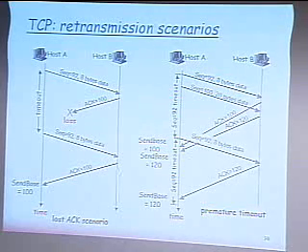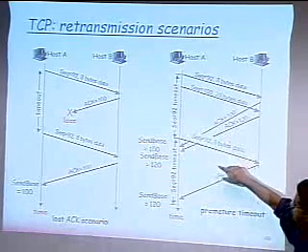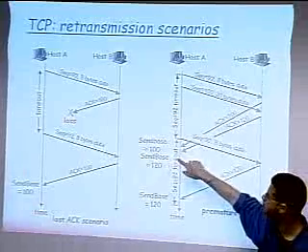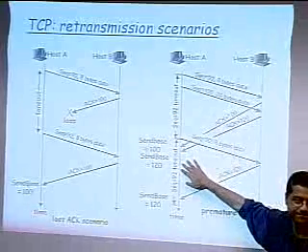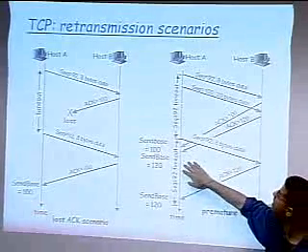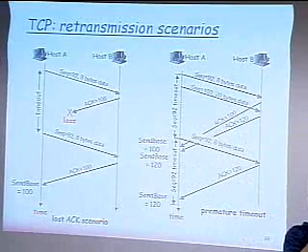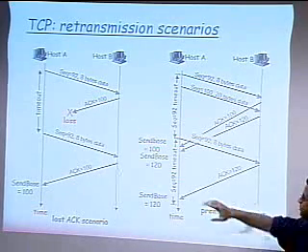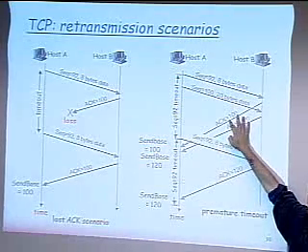Now, in this scenario, suppose your timeout interval was here. This ACK got lost. Would TCP retransmit this segment? No. Why not? Cumulative ACK. Because the second ACK went through. Losing this ACK wouldn't harm you.